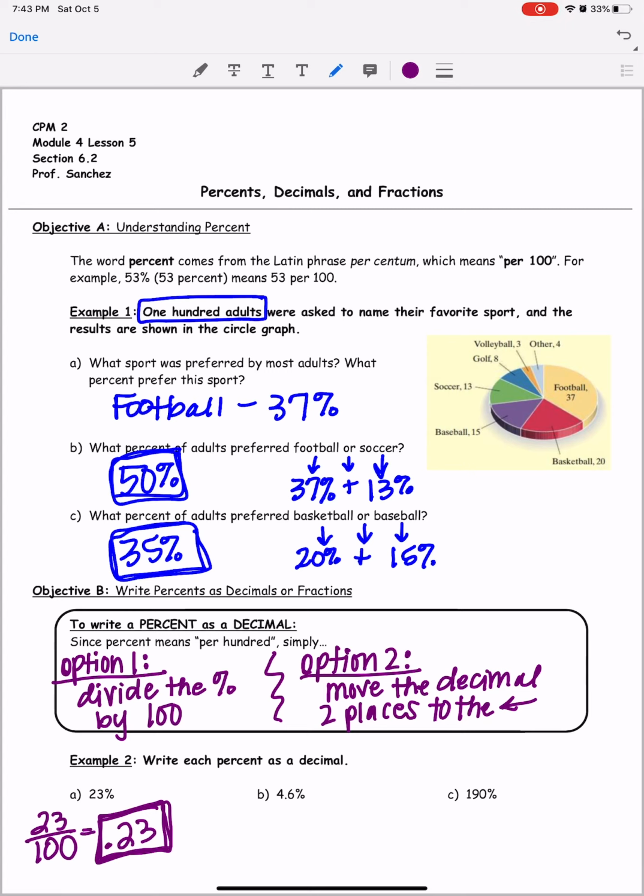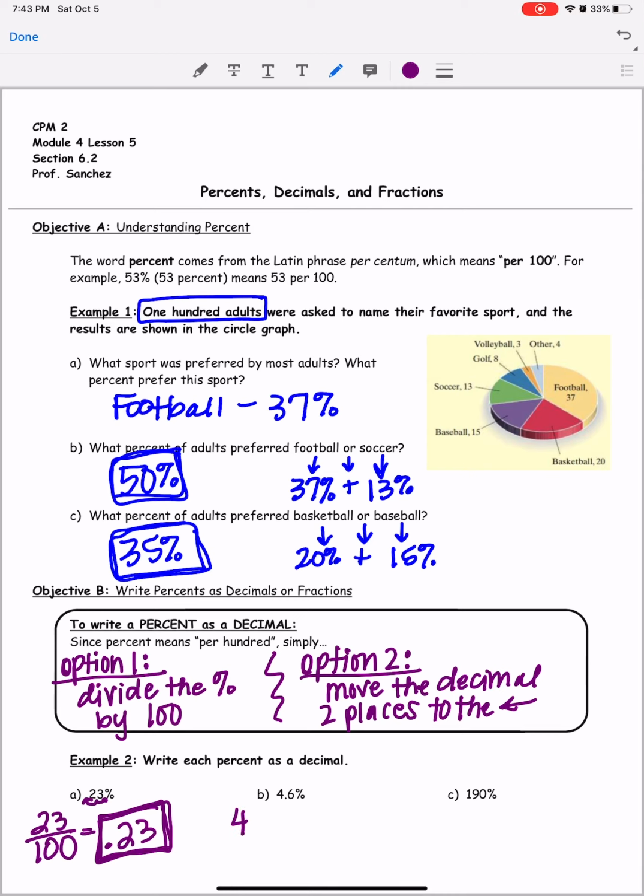If you look at this decimal here, 23% means that decimal is at the very back, behind that 23. Right back here, and we move it 2 places to the left.